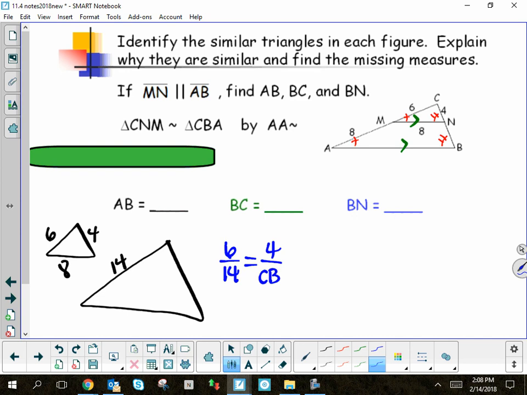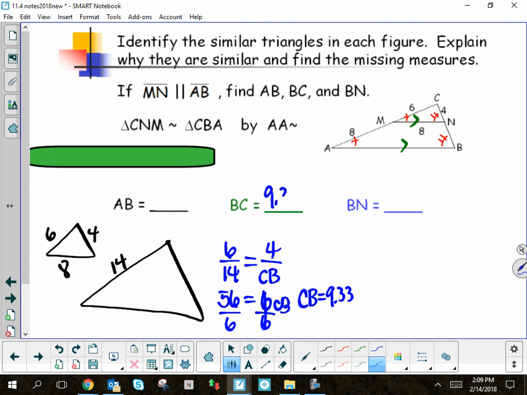So let's cross multiply and get my calculator. Four times 14 is 56. 56 is equal to 6 CB. Divide by 6, divide by 6. So CB equals 9.33.